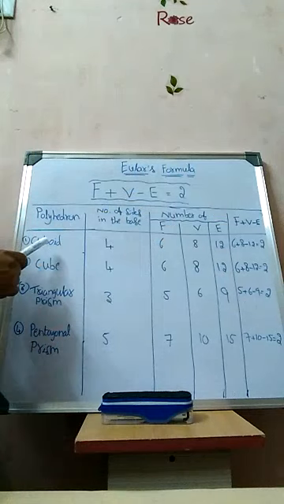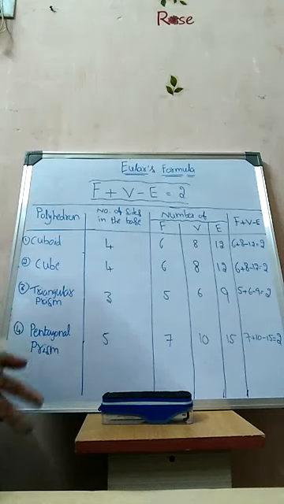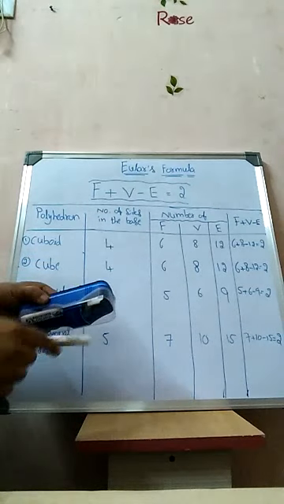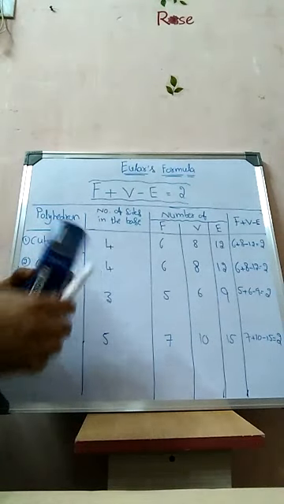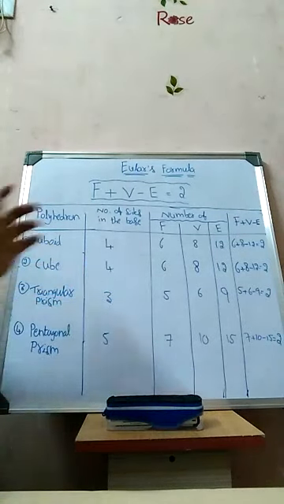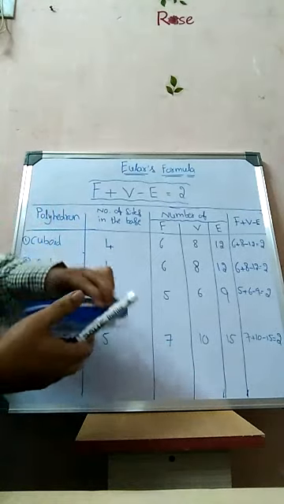And the first polyhedron, cuboid. As we know, cuboid has 4 sides in the base. So 1, 2, 3, 4.